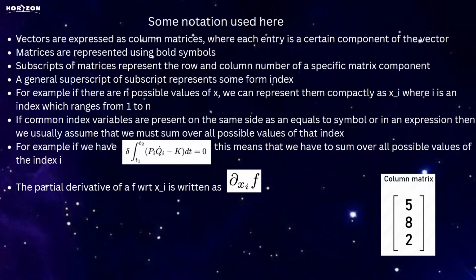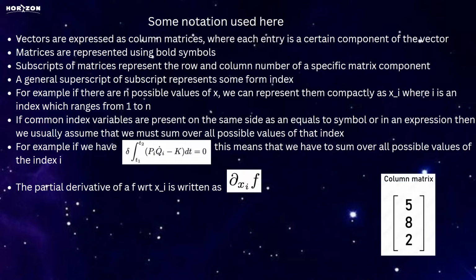For example, if there are n possible values of x, we can represent them compactly as x subscript i, where i is an index which ranges from 1 to n. Suppose I have a quantity which can take n different values. Instead of writing them separately, I'll write it as xi, where i represents the ith component out of all the n possible values.